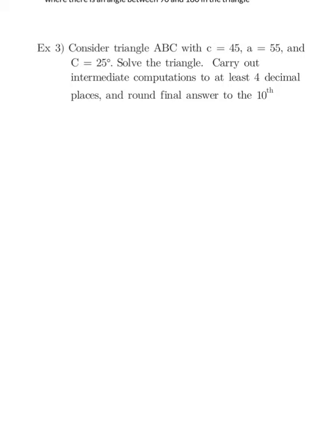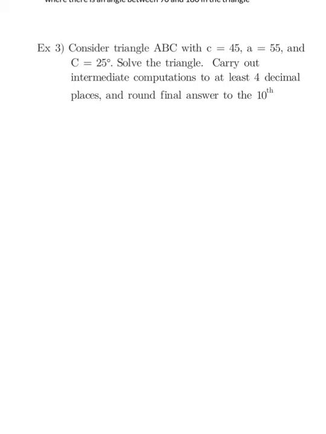In our first example for the ambiguous case, we are told to consider triangle ABC with side C equaling 45, side A equaling 55, and angle C equaling 25 degrees. Solve the triangle. We are told to carry out intermediate computations to at least 4 decimal places and round the final answer to the tenth.